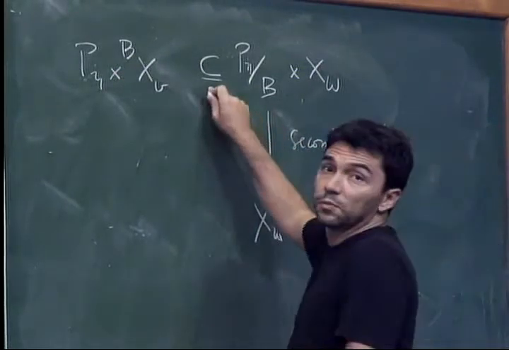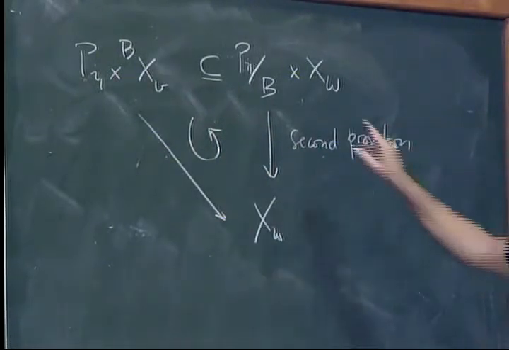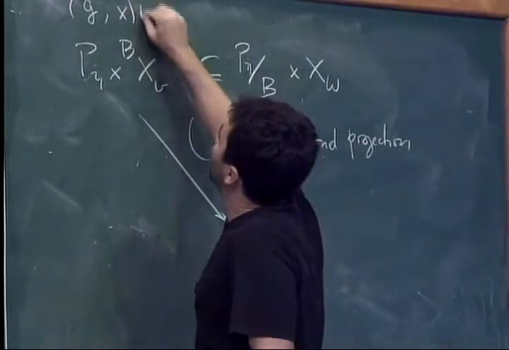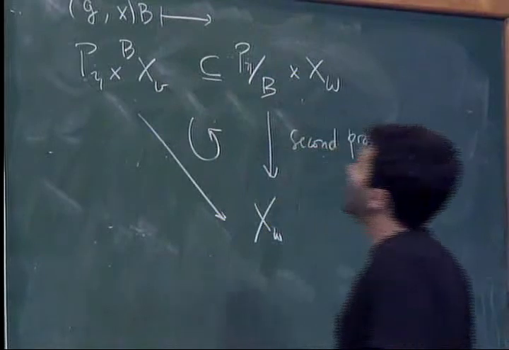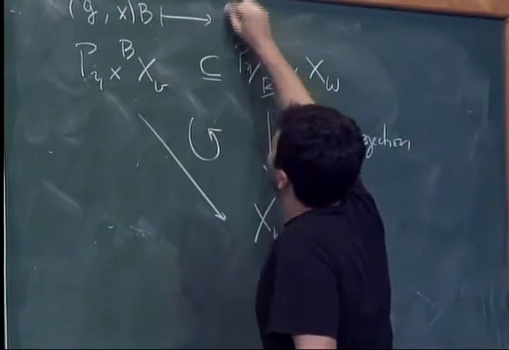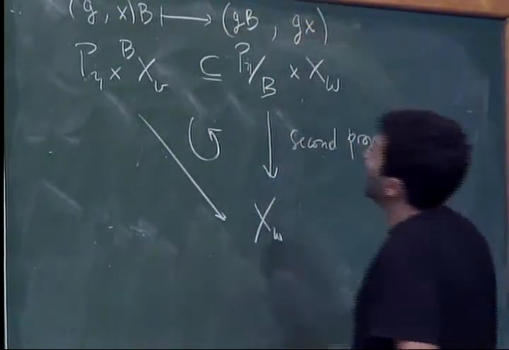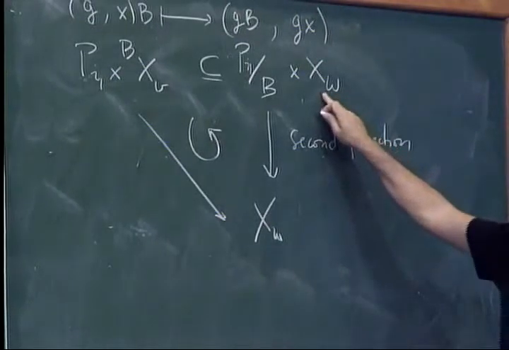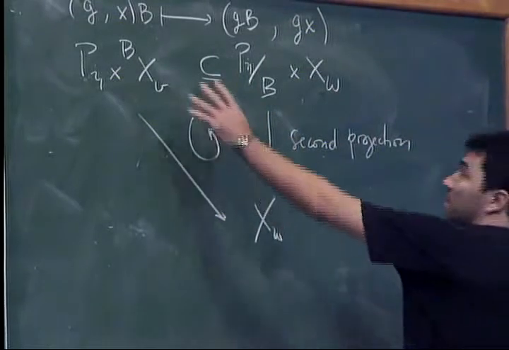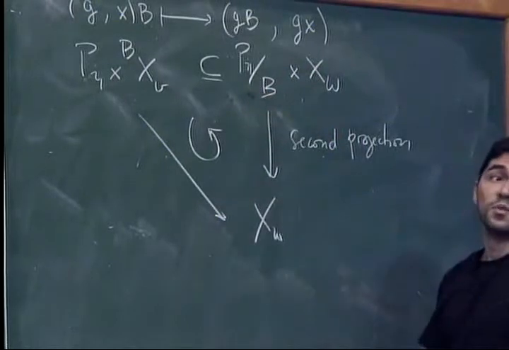So here the claim is that this one is an embedding, but here you get a commutative diagram, and so the map sends a class [g, x] to, on the one end, g B, and now g x, so you get something in X omega. So the claim, and it's very easy to check, is that this is an embedding. Okay, so this has no higher direct images, and here this is a projection, and this is a P1.